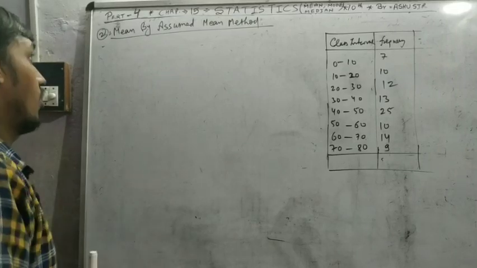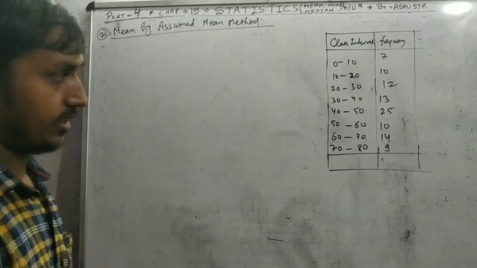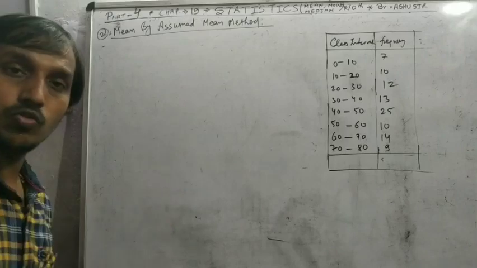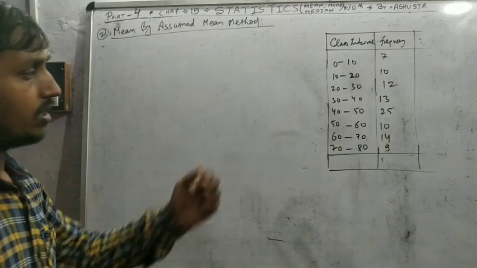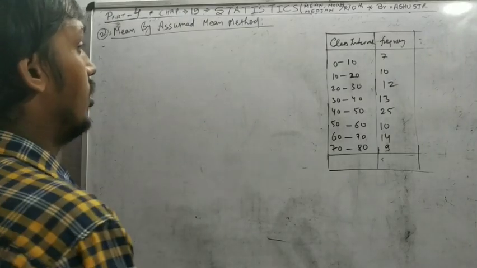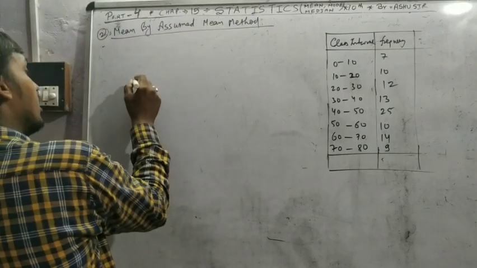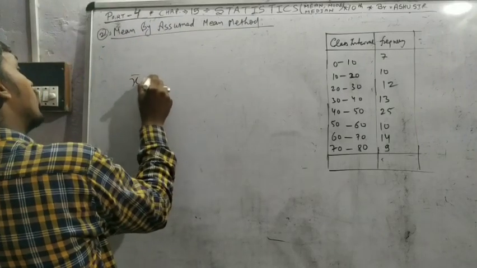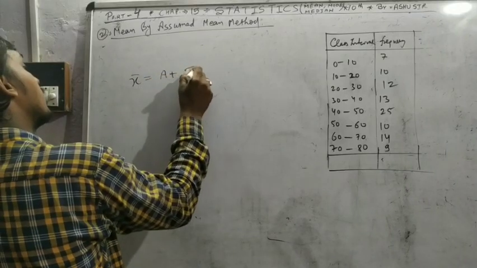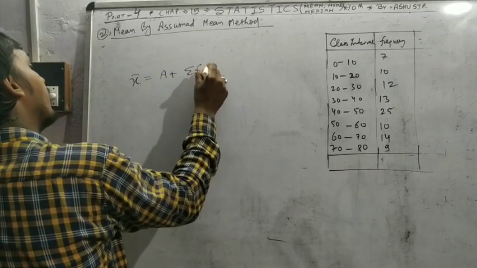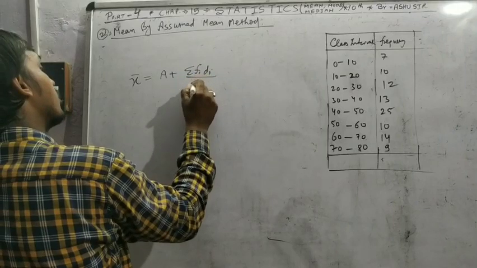Now find the mean by the assumed mean method, the second method to find the mean. The table is the same. The formula for the assumed mean method is mean equals a plus sigma fd upon sigma f.